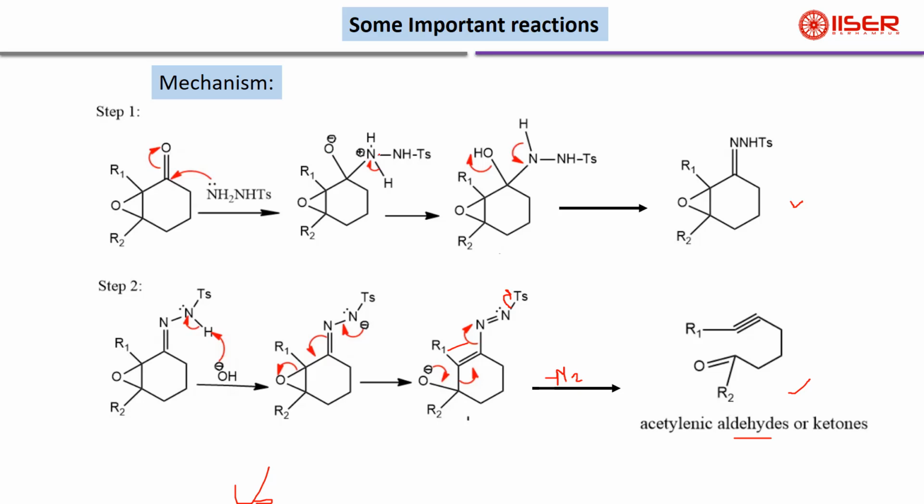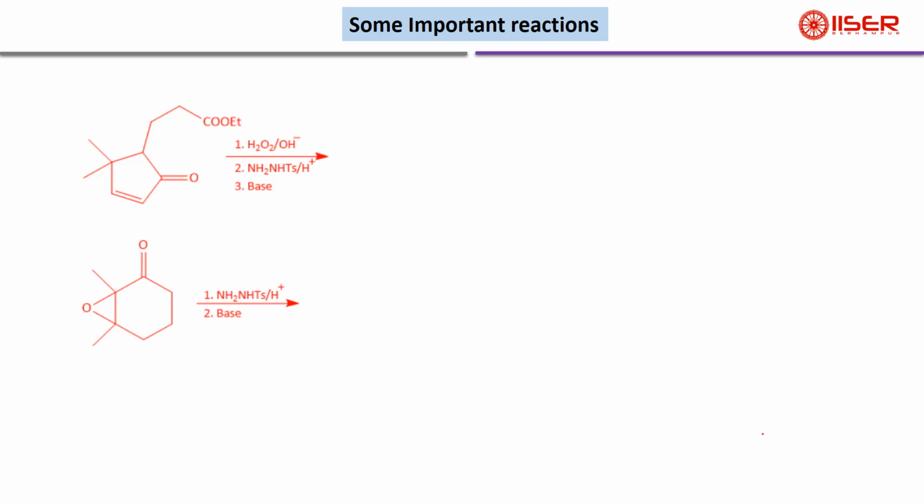After that, through elimination of this OH group, it will form this hydrazone, and in the next step, when this proton is abstracted through elimination, this electronic movement will break this epoxide bond and this O- will again take place here, and through electronic movement it eliminates N2 as the byproduct and forms this acetylenic aldehyde or ketone.